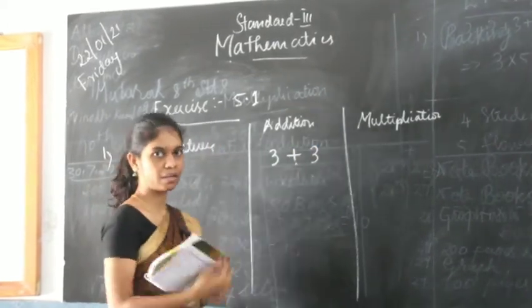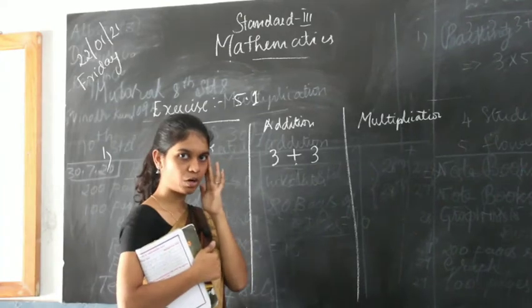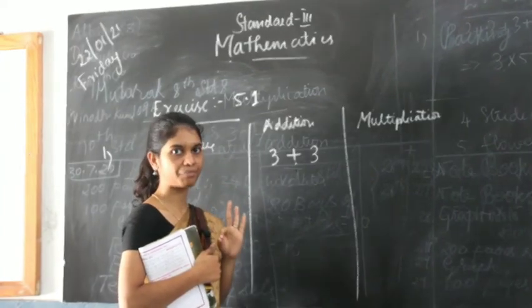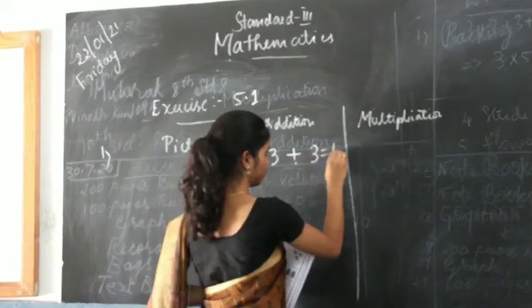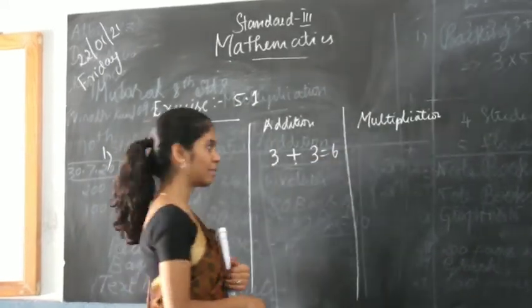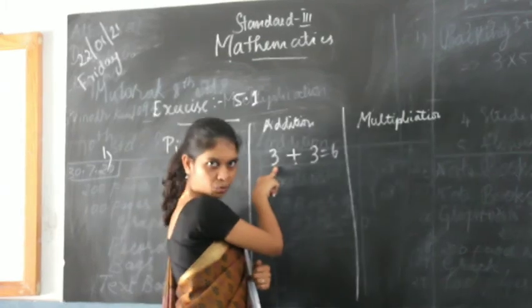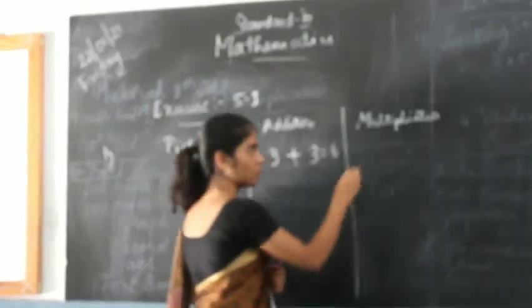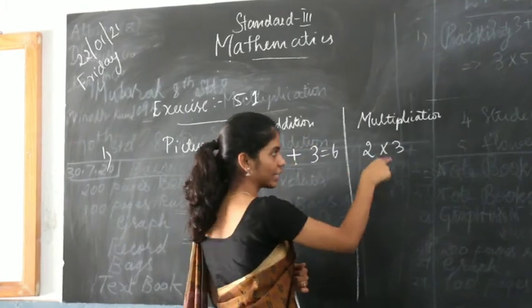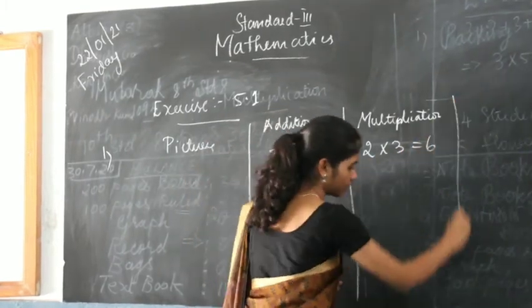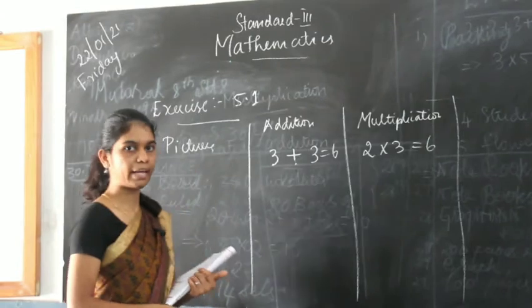So 3 plus 3. Now you add them. 3 in your mind, 3 in your finger. 3 after 4, 5 and 6. Now you can write them as, see, there is 1 3 here and 1 3 here. So there are 2 3s. So 2 3s are 6, as you learned in the second table.